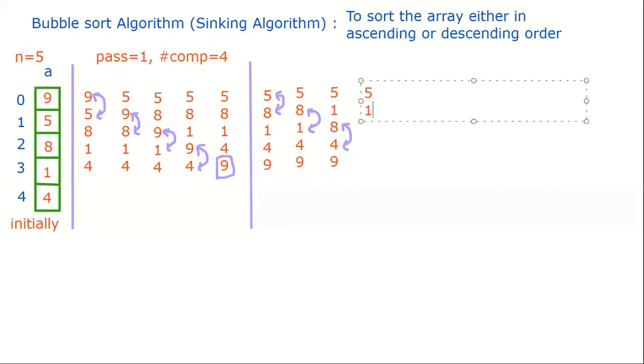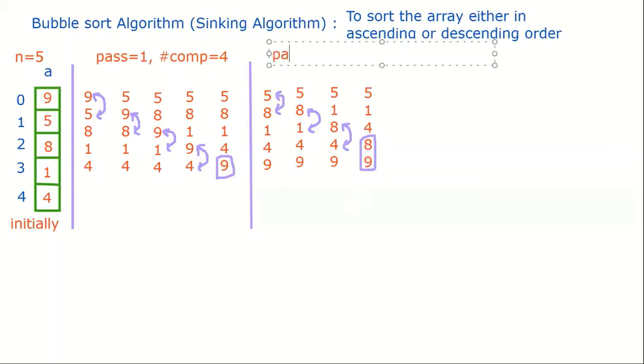So the next sequence of the array looks as shown, and the last element of the array is already in its position, so need not be compared. From the given sequence, it is evident that 8 and 9 are already in their positions. So in the next iteration, we do not have to compare those two. This was the second pass, and the number of comparisons made was 3.